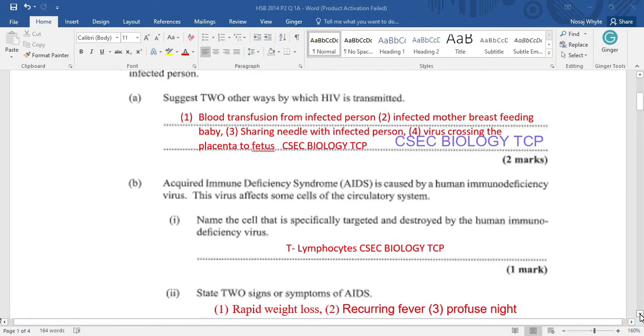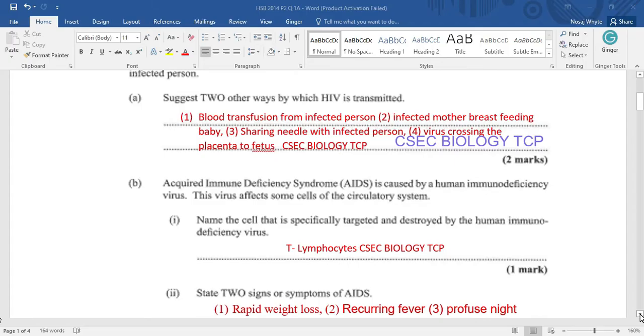The other question: acquired immunodeficiency syndrome, AIDS, is caused by the human immunodeficiency virus. This virus affects some cells of the circulatory system.